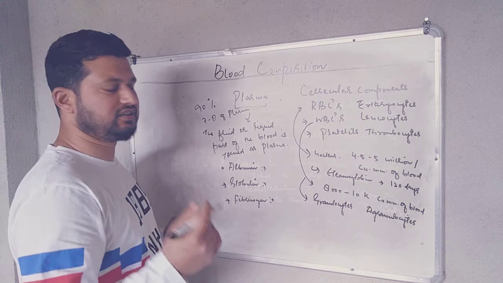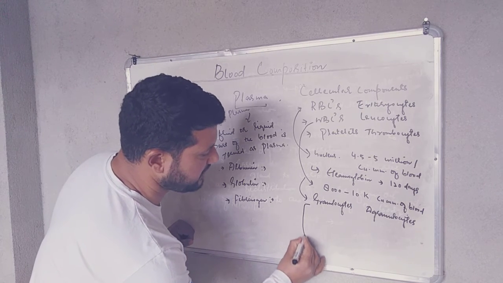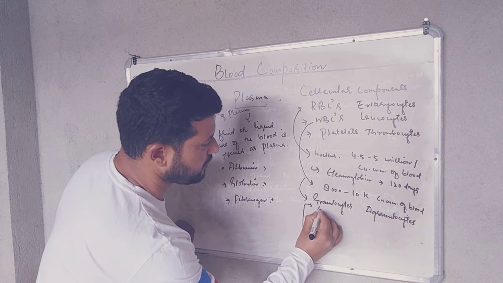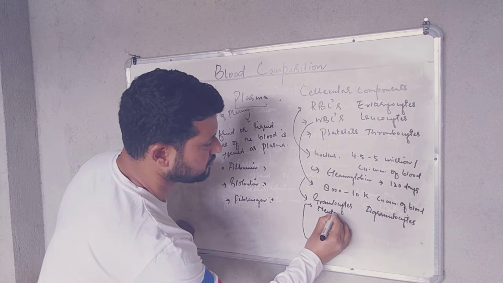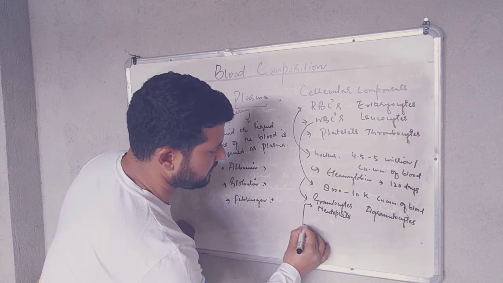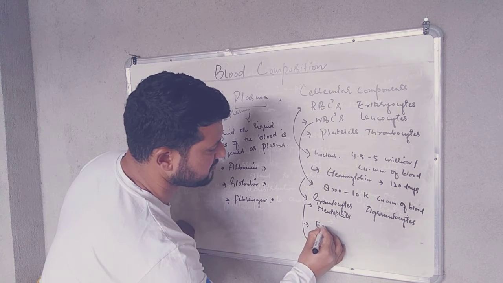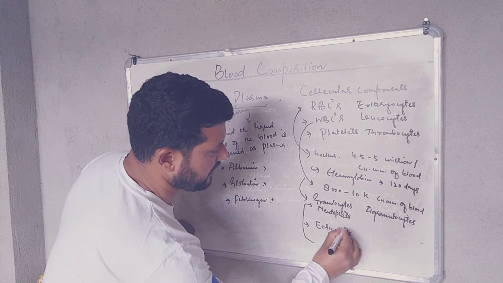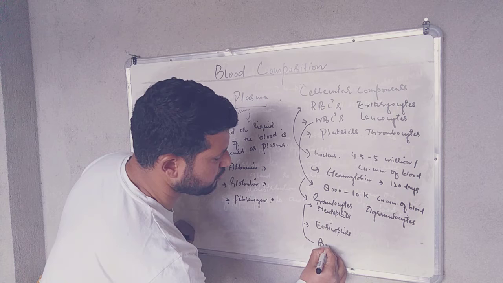These granulocytes are further classified into three types. One is the neutrophils, another is the eosinophils, and third one is the basophils.